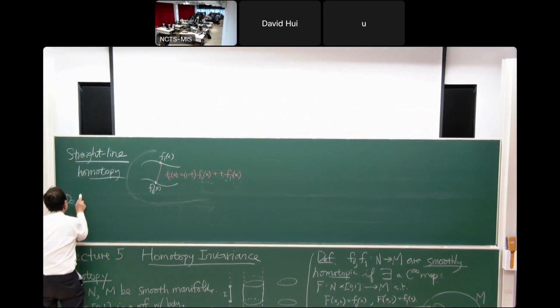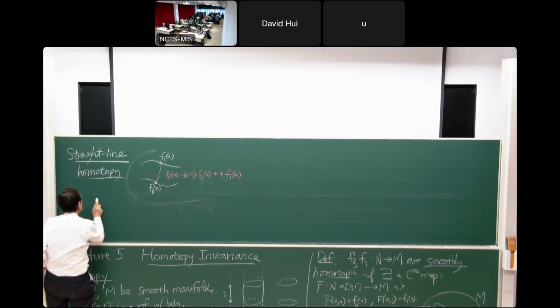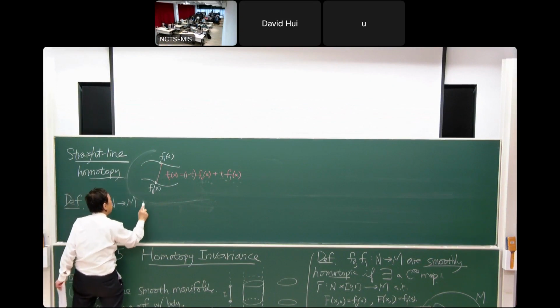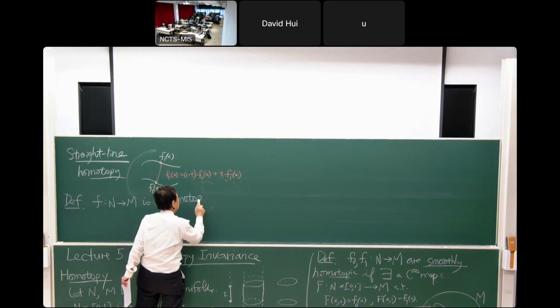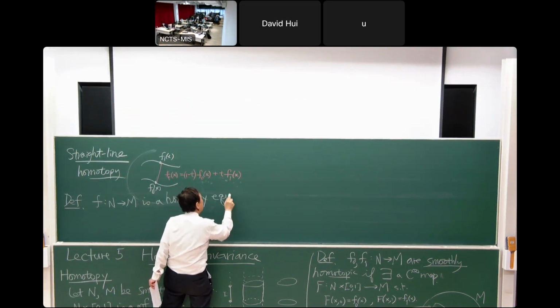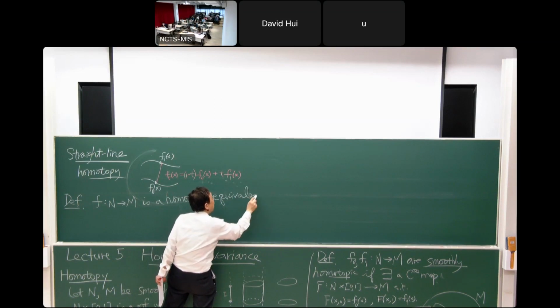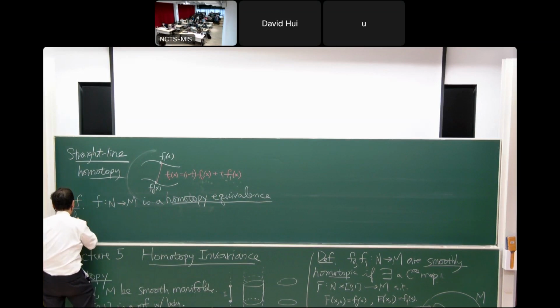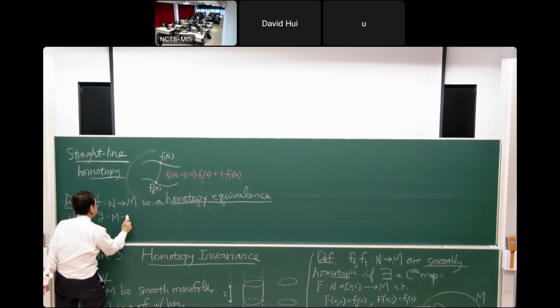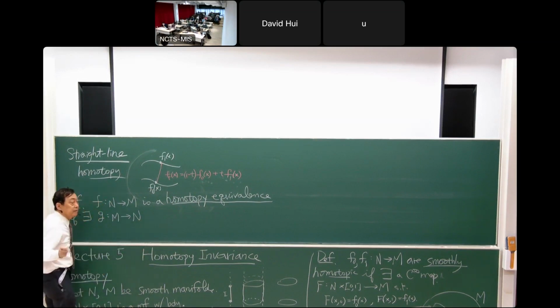A map F from N to M is a homotopy equivalence if it has an inverse, but it doesn't have to be an exact inverse. It just has to be an inverse up to homotopy.